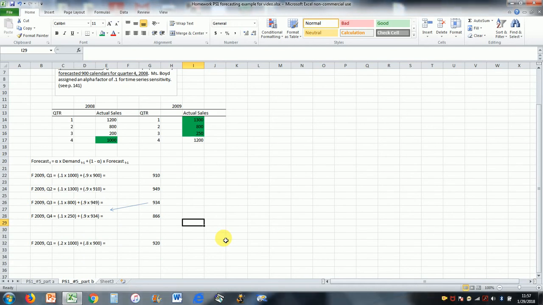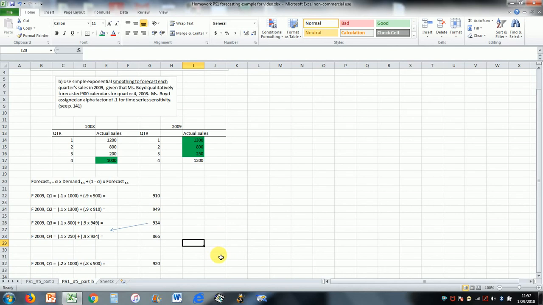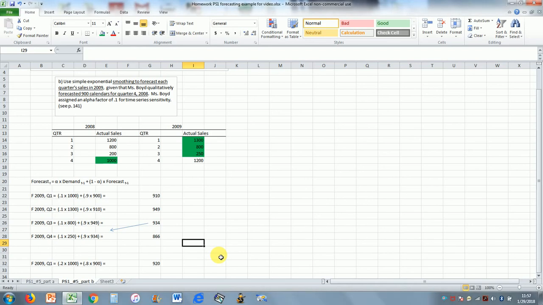Now part C, we're not going to do it all, but what does it ask you to do? Part C, and I'm reading it from the textbook on page 420, it says, repeat the simple exponential smoothing problem above, part B, 5B, with Miss Boyd deploying an alpha factor of 0.2.